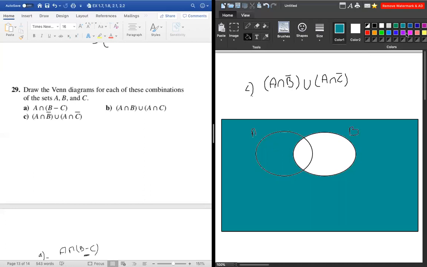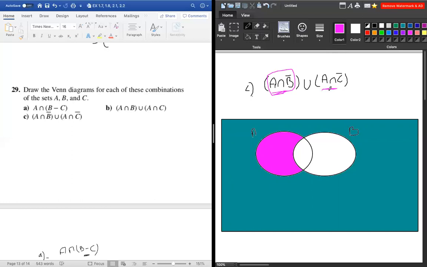So maybe we can use this color to fill this. This space represents the elements of A intersection B complement. So the members in this part are the representation of this notation.